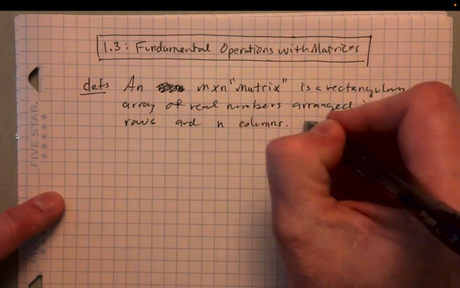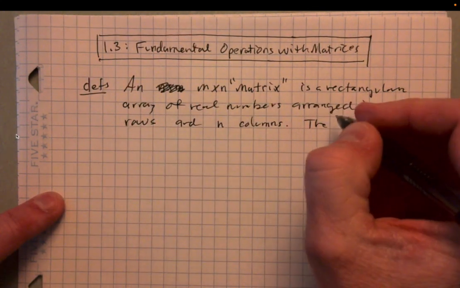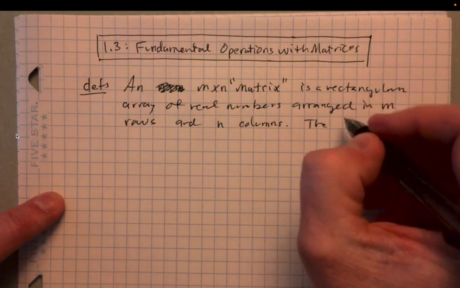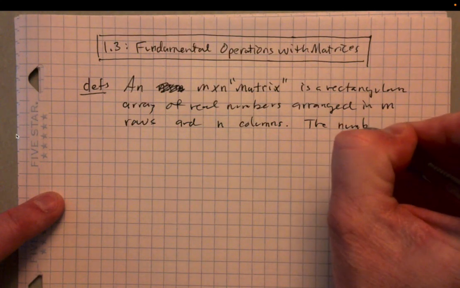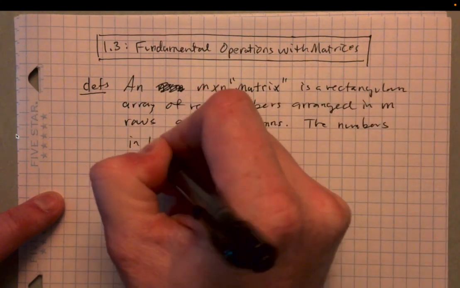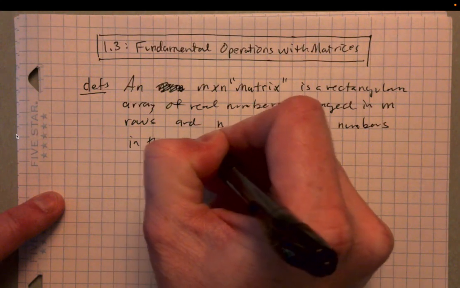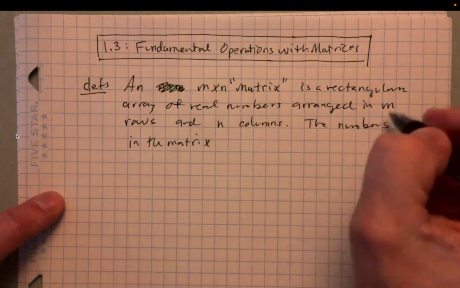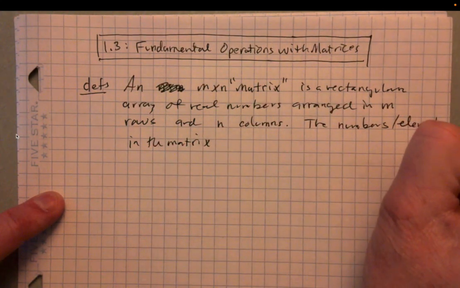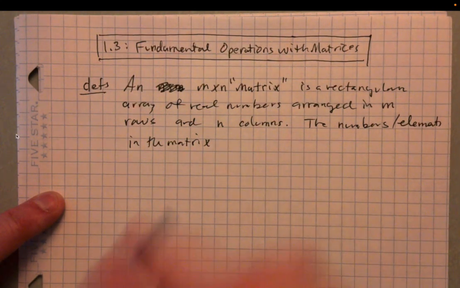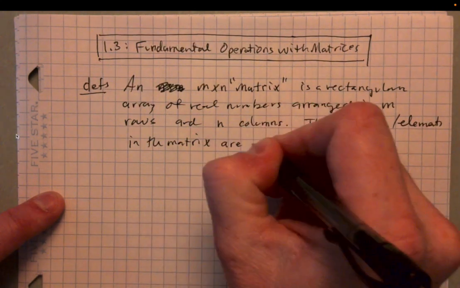There are a couple of things about it. The numbers, or elements, in the matrix are frequently called entries.